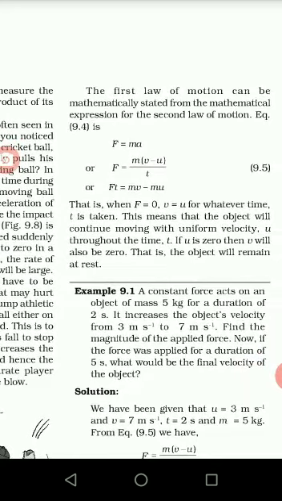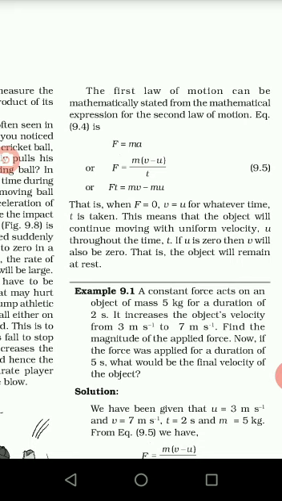Now the first law of motion can be mathematically stated from the mathematical expression of the second law of motion. Mark here, the first law of motion can be mathematically stated from the mathematical expression for the second law of motion. We know the second law of motion, F equals ma or F equals m (v minus u) by t, or by cross multiplication F into t equals mv minus mu.